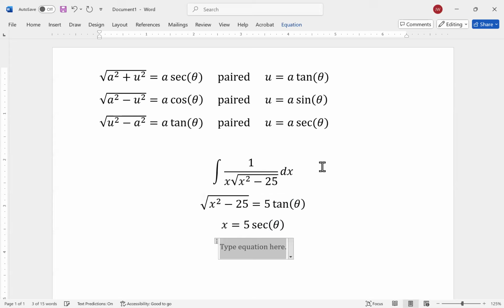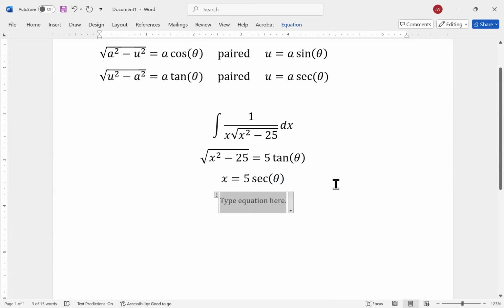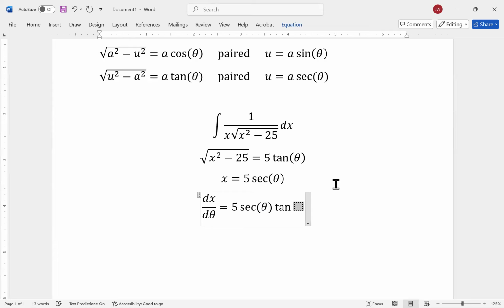Now, here's where things get interesting. When I take a derivative of x with respect to theta, I'm going to get the derivative of 5 times secant of theta. So that is going to be 5 times secant of theta multiplied times tangent of theta.